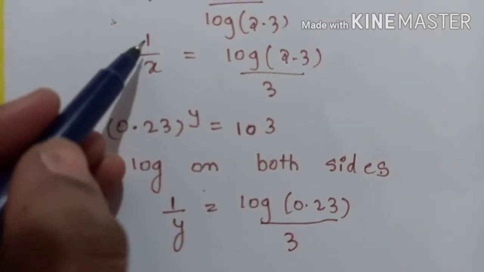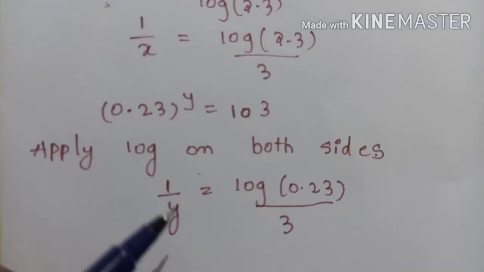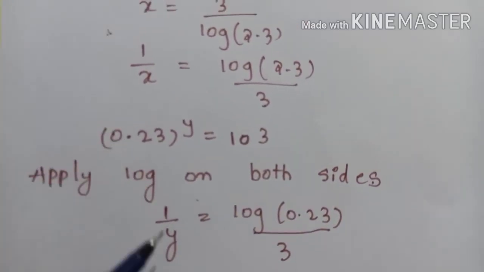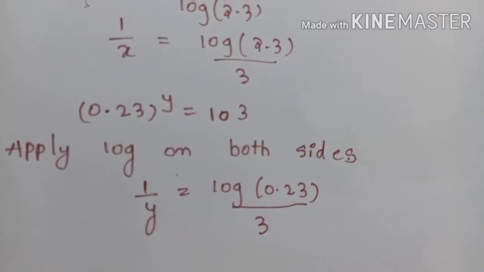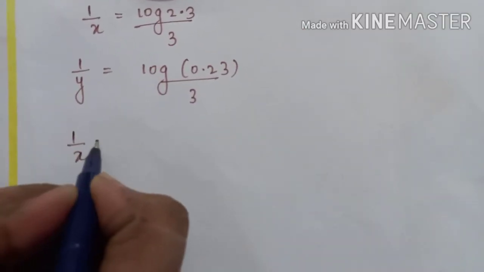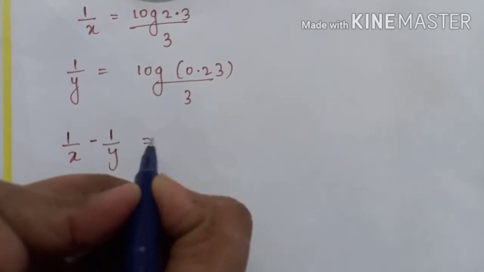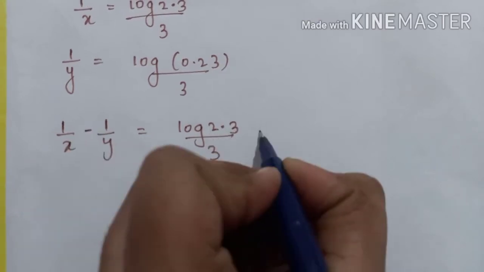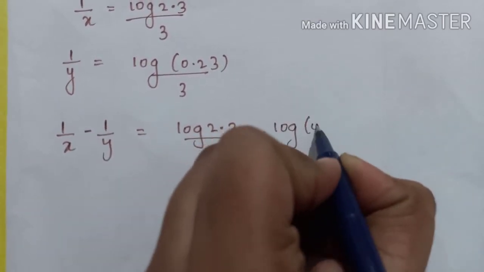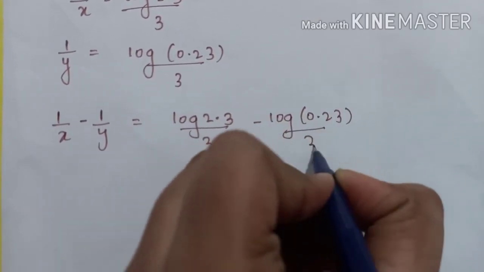Now we have got the value of 1 by x and 1 by y. Now finding 1 by x minus 1 by y, that is log 2.3 by 3 minus log 0.23 by 3.